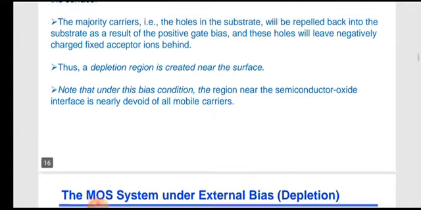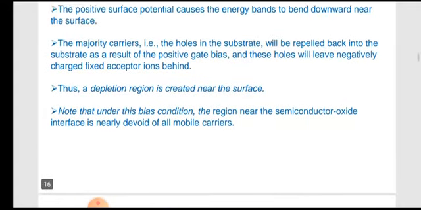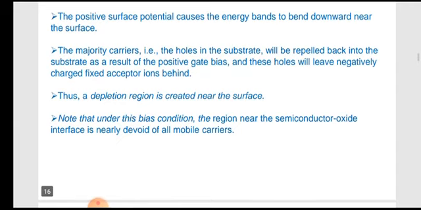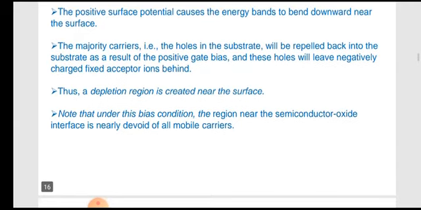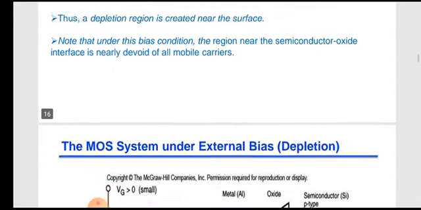Note that under this bias condition, the region near the semiconductor-oxide interface is nearly devoid of all mobile carriers.